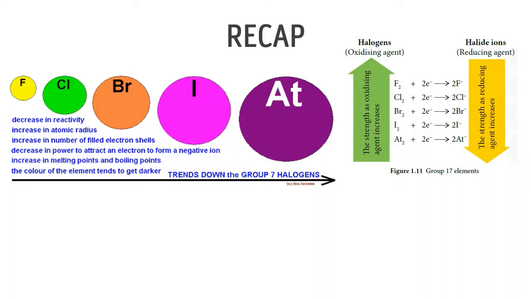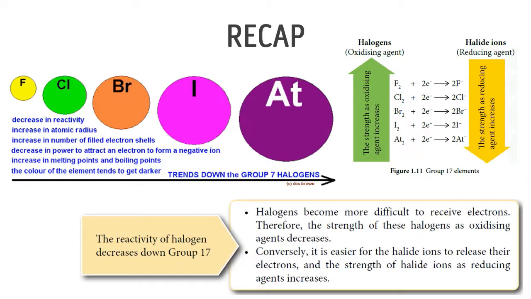Now let us make some revisions on halogen. We know that going down the group from fluorine to astatine, the atomic size of group 17 elements increases. When the size increases, the distance between the nucleus of the atom and the outermost shell becomes further.